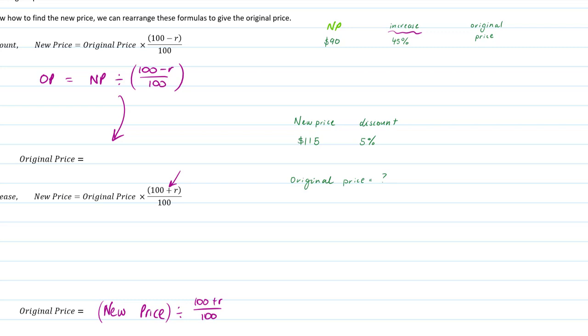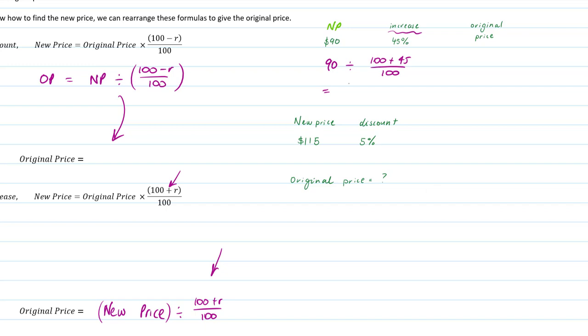So because it's an increase, our new price, we're looking down here at an individual price after an increase, be $90 divided by 100 plus 45 over 100. And that comes out as the unrounded value. I'll put it in my calculator.